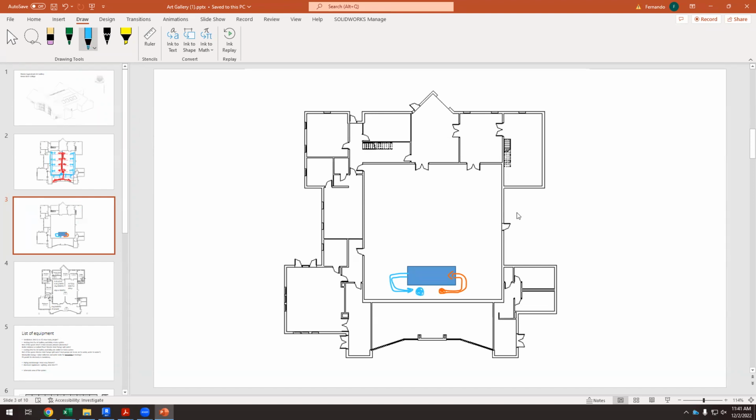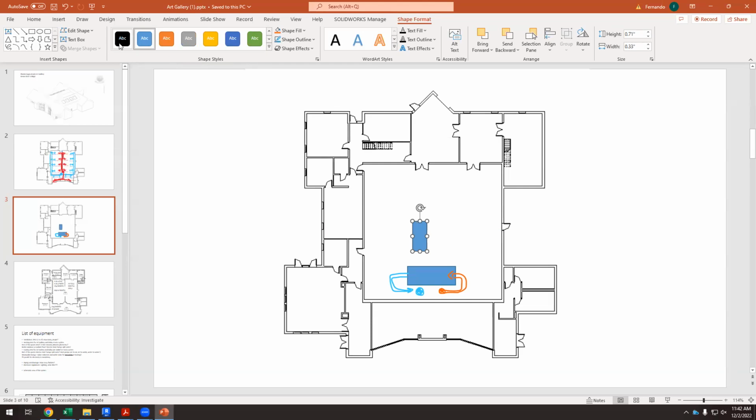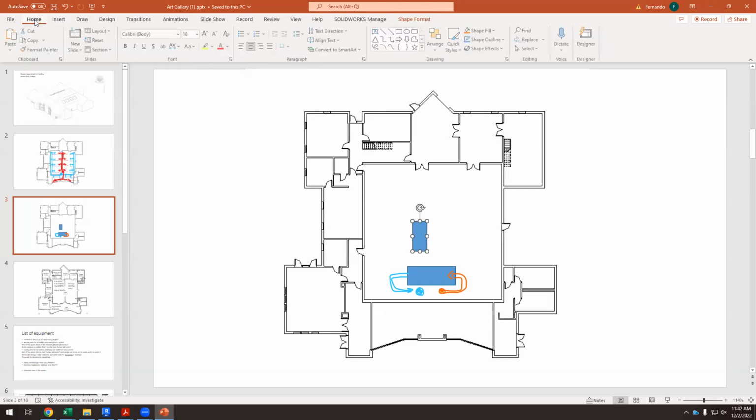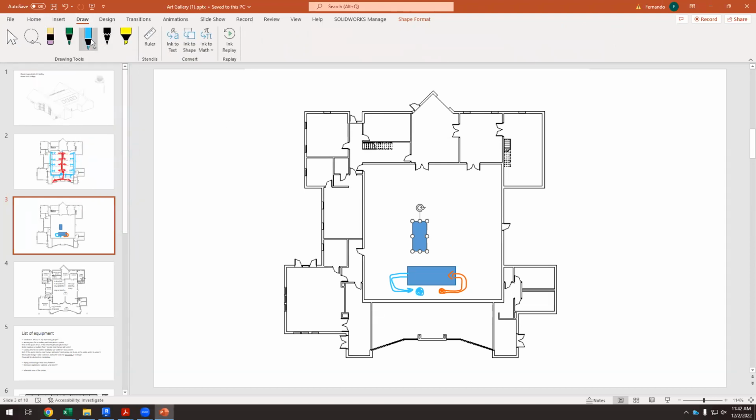Okay. Now, if everything runs on electricity, I think I might need a chiller here, and that chiller needs to be connected to the cooling coil of this air handling unit.